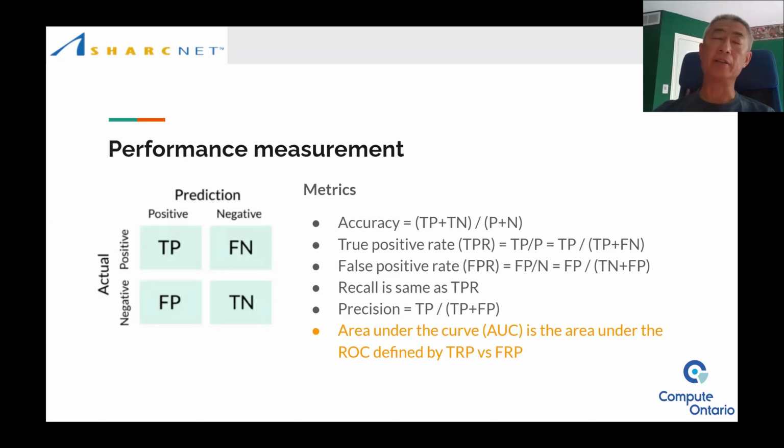Suppose based on statistics, one out of 100 people who take the screening is actually truly a cancer patient. Then by classifying everyone as negative, basically you get 99% accuracy. But the model is useless. It classifies everyone as negative, no cancer, so it's useless.